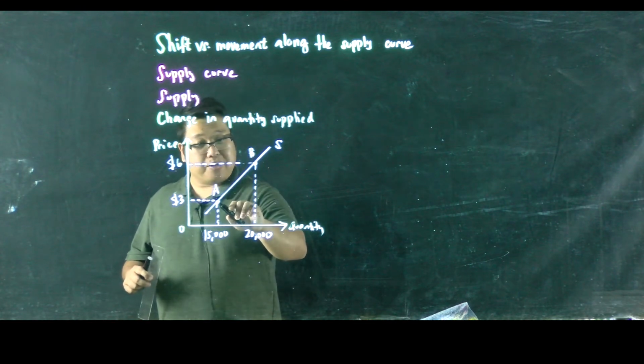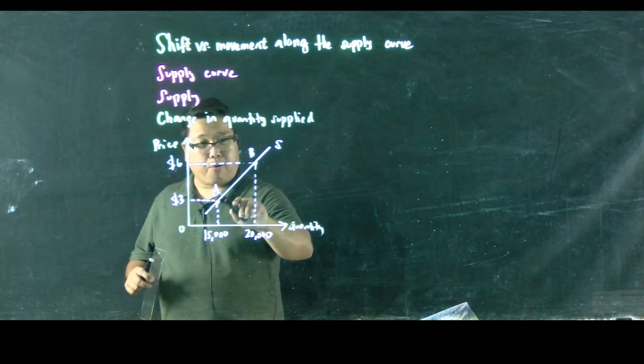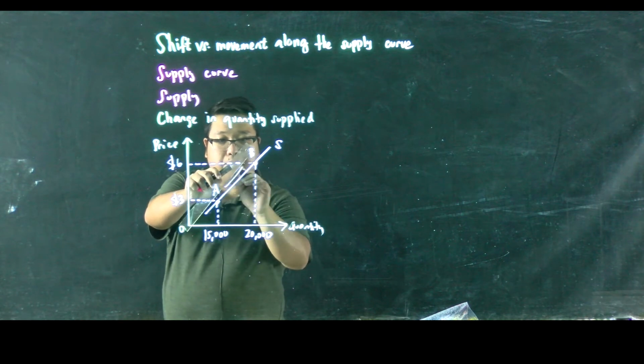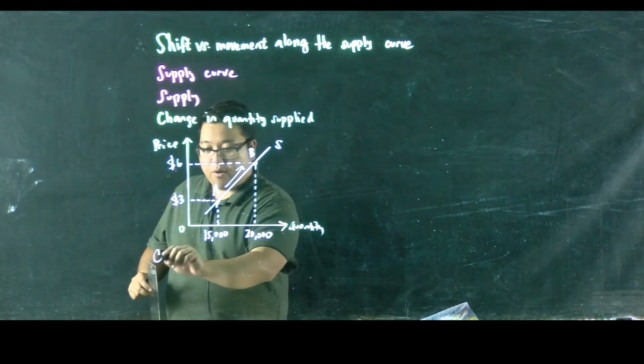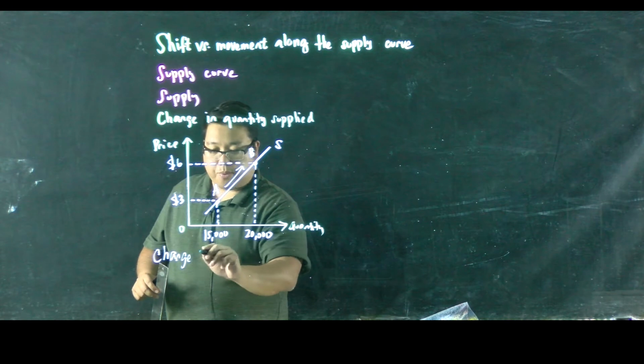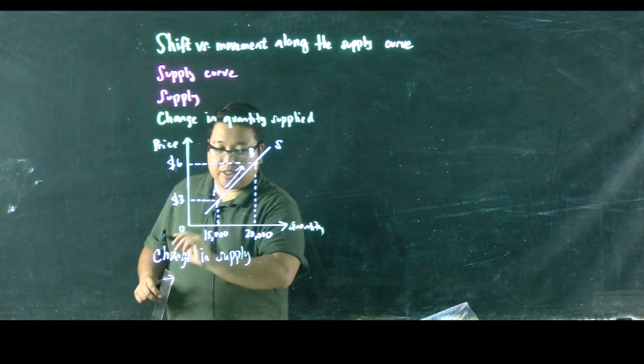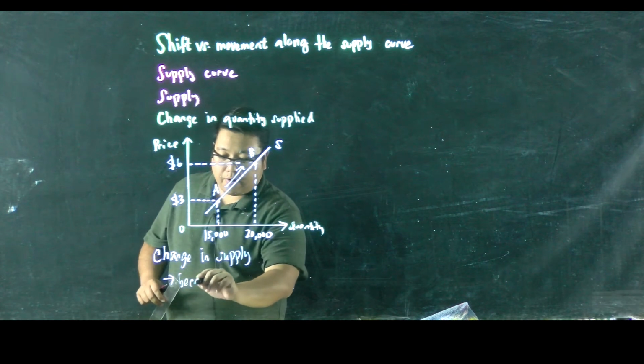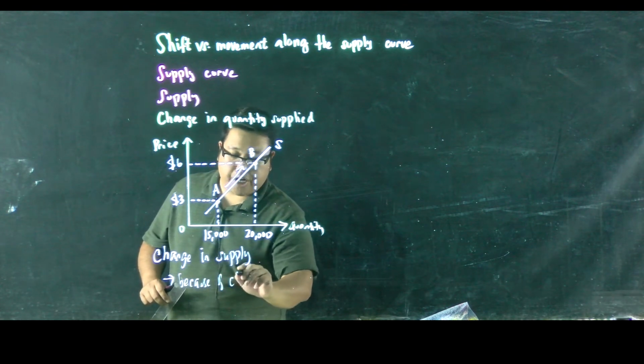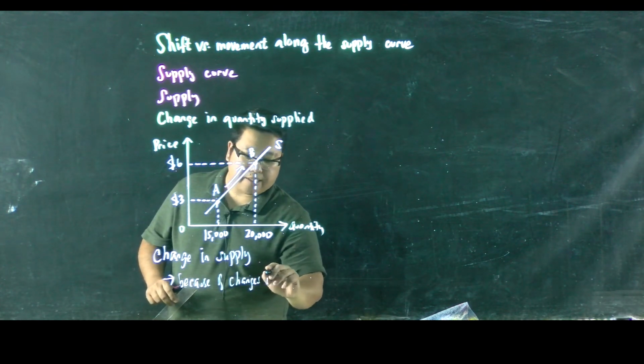And what we see here is a movement along the supply curve from points A to B. This, my friends, is what we call a change in quantity supplied. And this is because of changes in price.